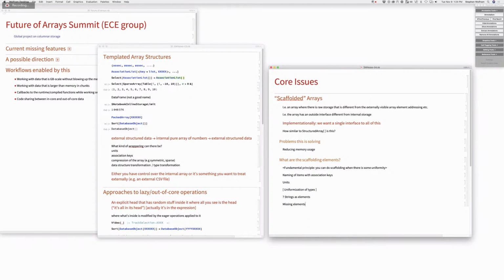The question is, what kind of list do we consider uniform? Right now it's got to be a uniform list of integers, reals, complexes, whatever, and if there's a single missing in there, it's not uniform anymore. So the issue is that with strings and missing, we want to be able to consider those uniform.